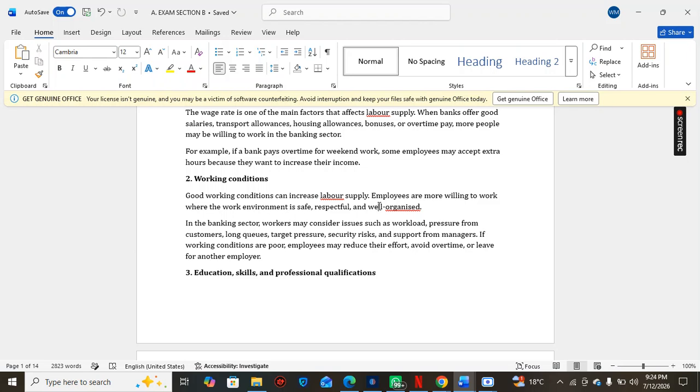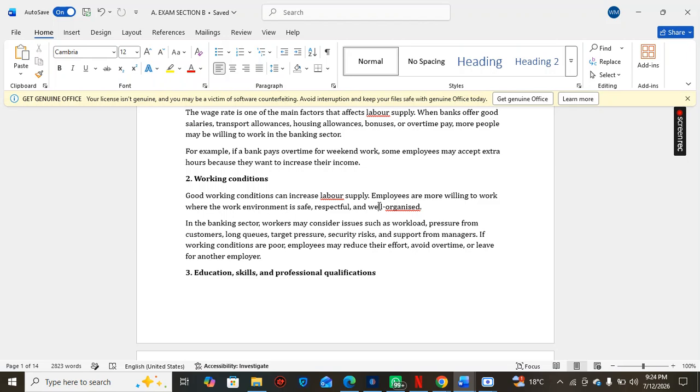But if the conditions are bad, where you even know yourself that if I get myself into this job, I'm going to be suffering, you won't want to enter that job, especially if that job is even paying a low salary.